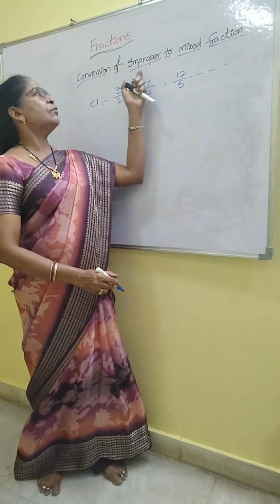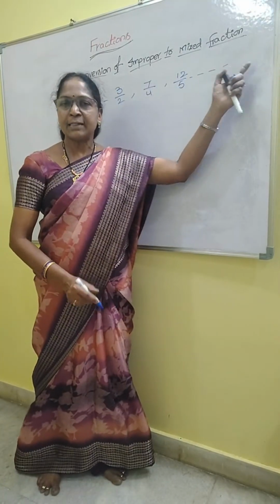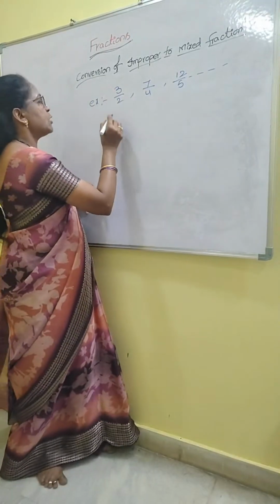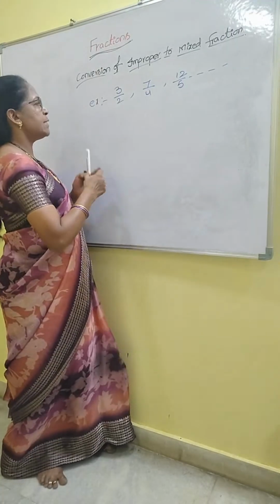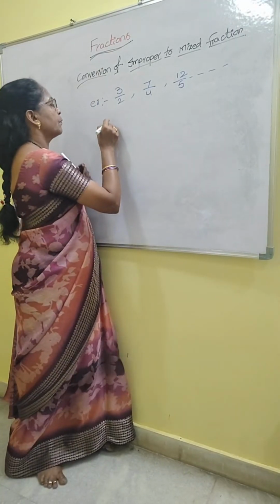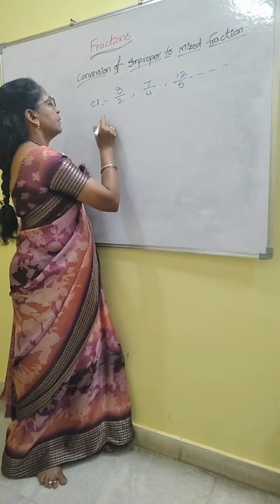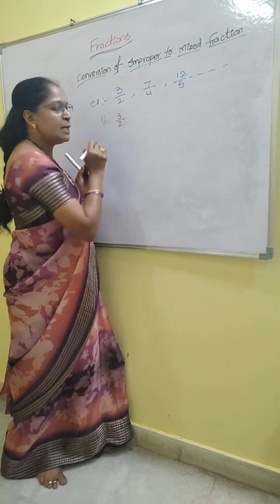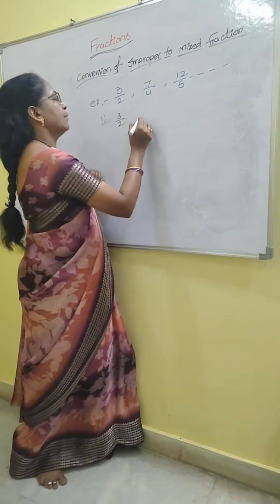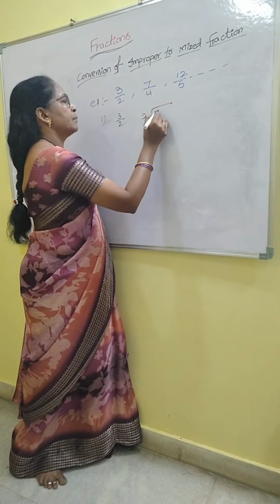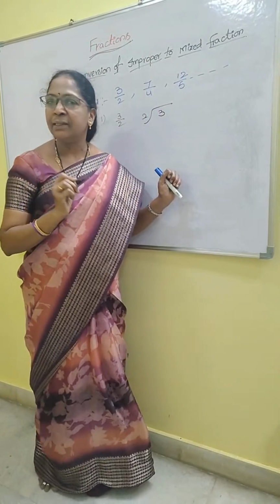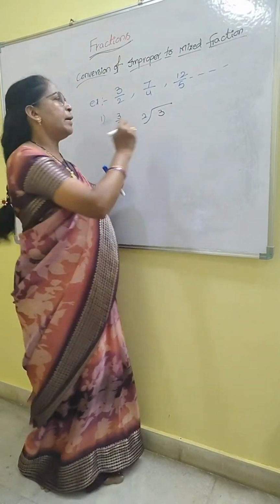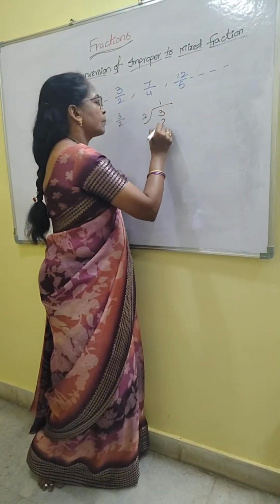So how to convert an improper to a mixed fraction? Let's see. First one is 3 by 2. Just consider the first example, 3 by 2. That means we should divide 3 by 2. Just write: 2 goes into 3 how many times? 1 time. 2 ones are 2.